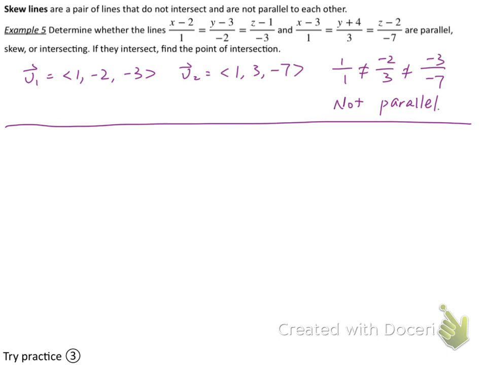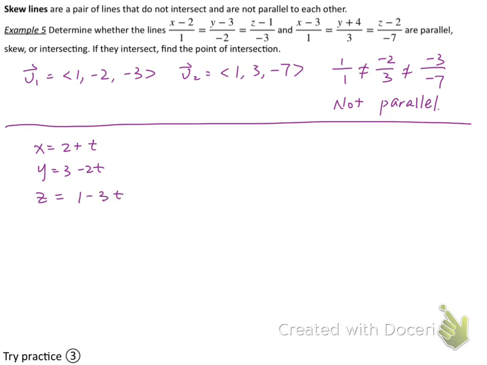Let's go back to the parametric form. We have x minus 2 equals t, and y minus 3 equals -2t. Well, let me write it the other way around. x equals 2 plus t, y equals 3 minus 2t, and z equals 1 minus 3t.